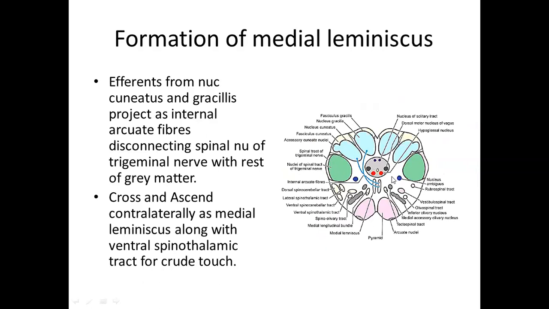They will cross and ascend contralaterally as the medial lemniscus along with the ventral spinothalamic tract. So the medial lemniscus will carry joint position, vibration, conscious proprioception, along with the crude touch, which is carried by the ventral spinothalamic tract.